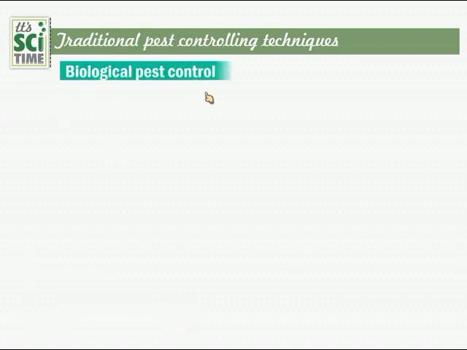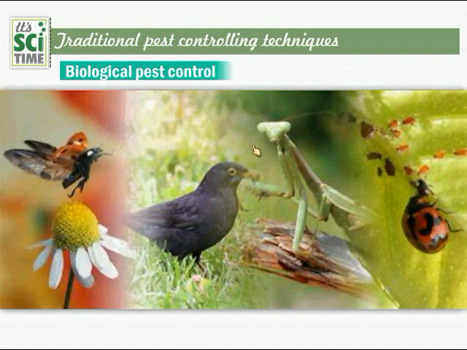First one, biological pest control. Look at the examples here. Bees or some insects can be used to control other organisms and harmful insects. Other one, the insectivorous birds, those who feed on insects.